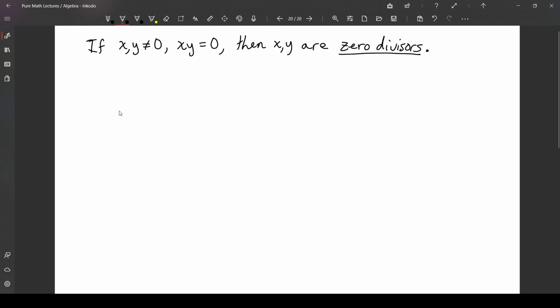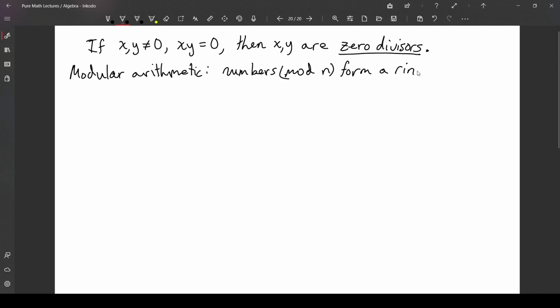The common example for where this happens is when you look at modular arithmetic. So numbers mod n form a ring which we typically denote as z by nz.